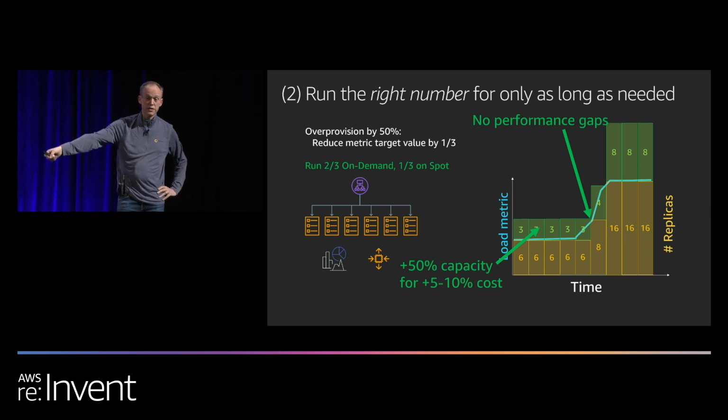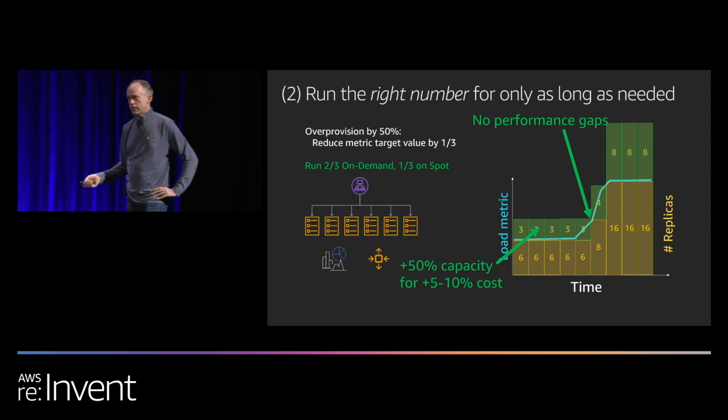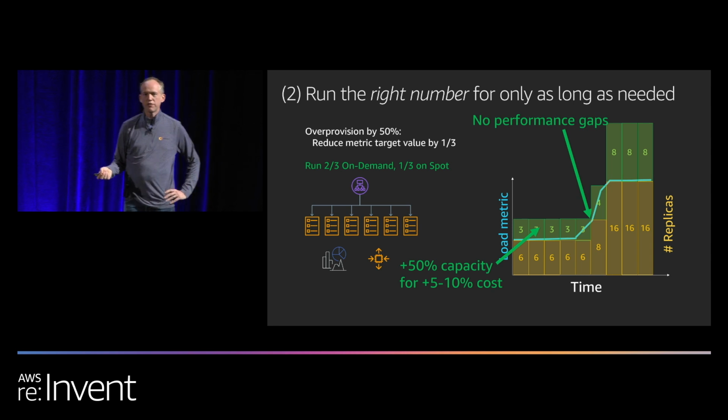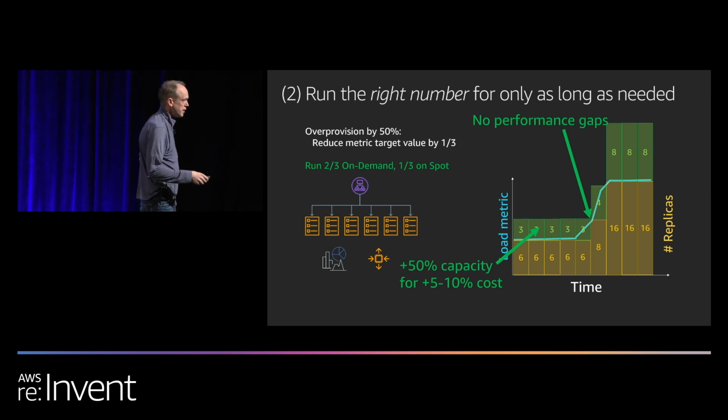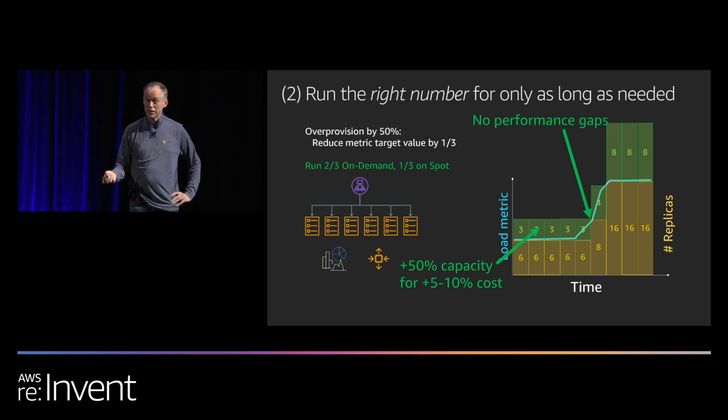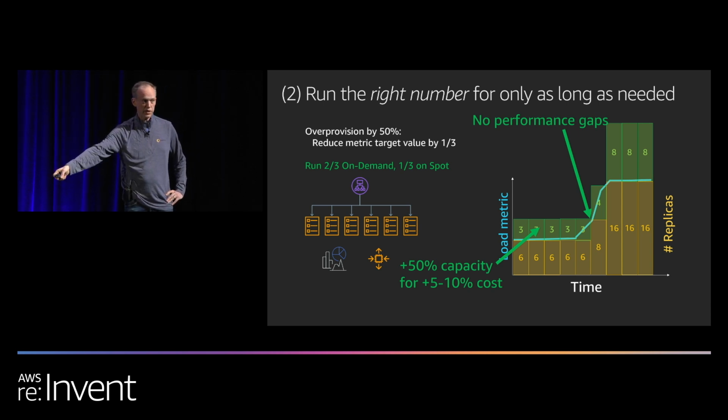And then I run 3 Spot tasks. On Fargate, those can be up to 70% off. So instead of $1 an hour, they're 30 cents an hour. So instead of paying $6 an hour, I can pay $6.90 an hour, a little bit more, but I get 50% more compute capacity.